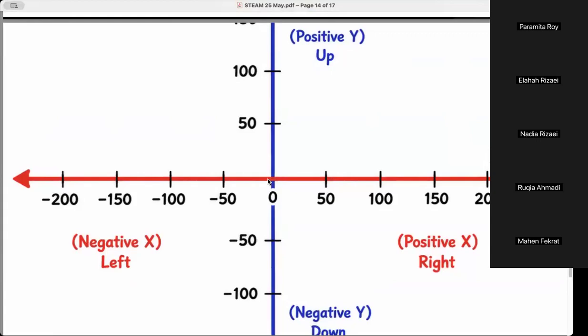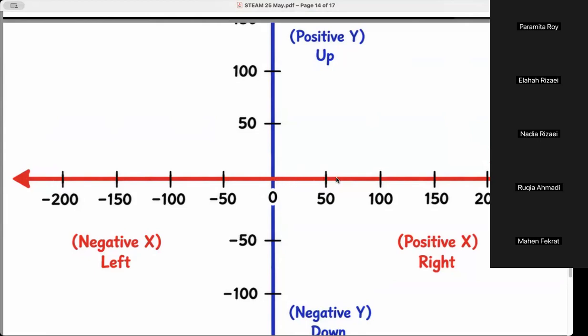The center is the position where the value of both x and y is 0. So this is the position where x's value is 0 and y's value is 0. But the moment it travels to the left side on the horizontal line, it becomes negative x.